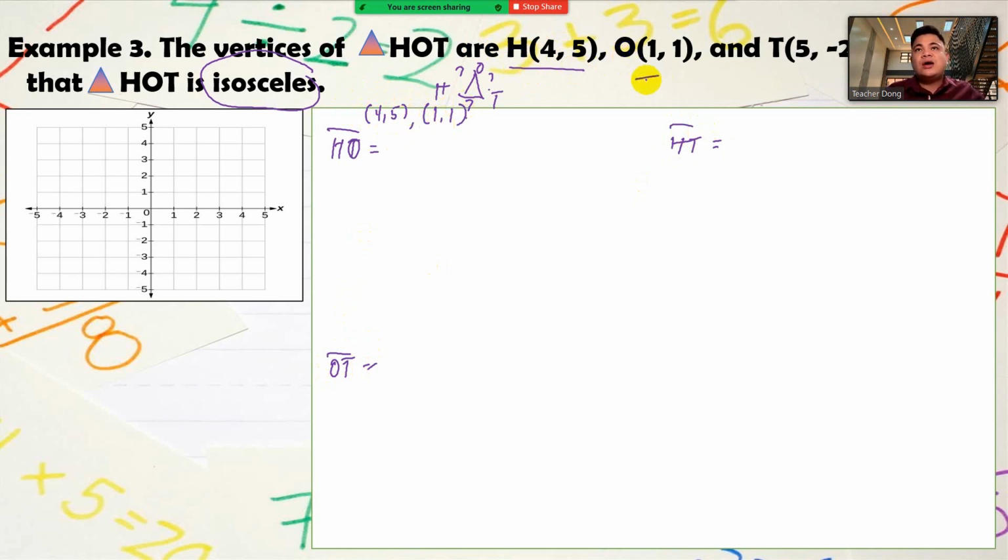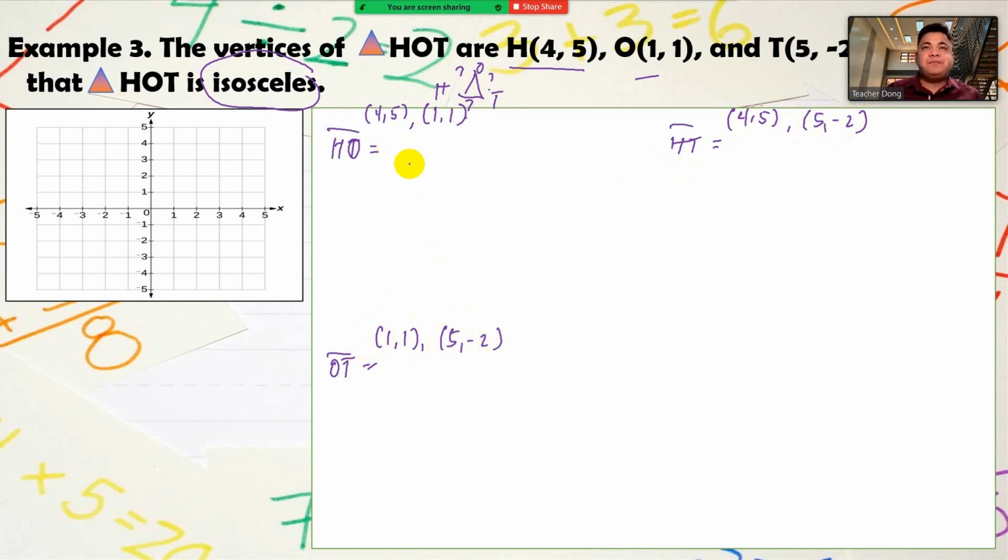For HT, we use (4, 5) and (5, -2). For OT, we use (1, 1) for O and (5, -2) for T. Right, so we can now proceed.